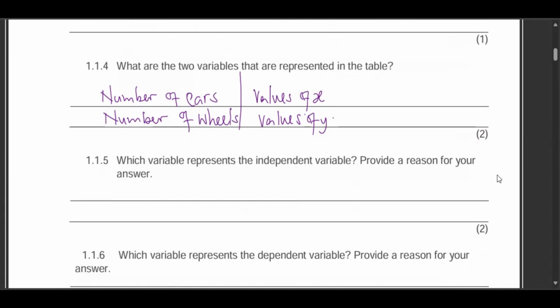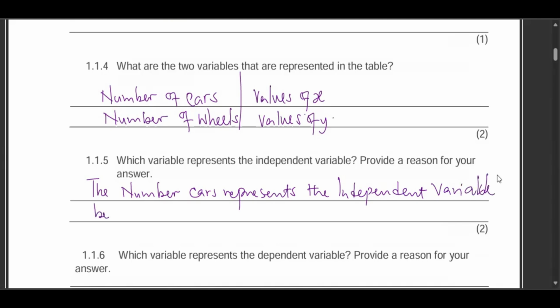Which variable represents the independent variable? We said the number of cars represents the independent variable. Why?